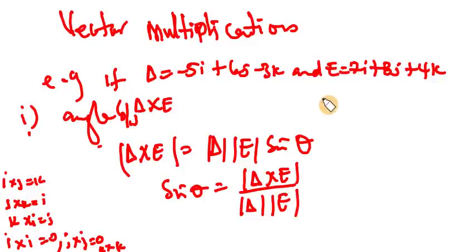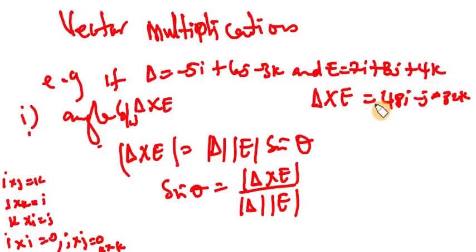From the answer we got before, D cross E is 48i minus j minus 82k. So when we find the magnitude, I have shown us how magnitude is calculated. You have it as root 9029.